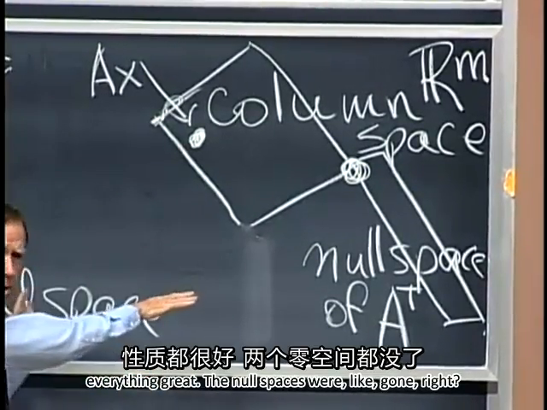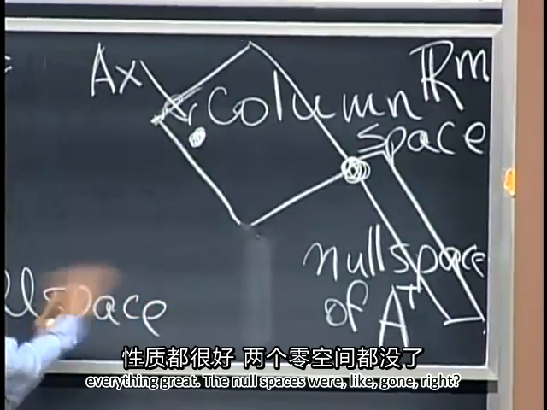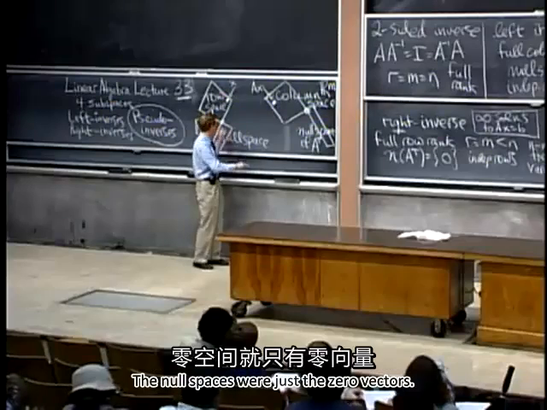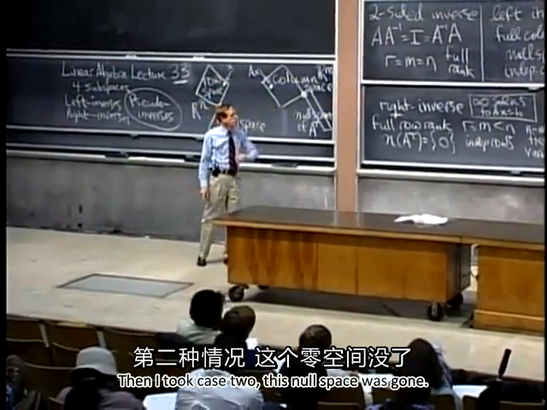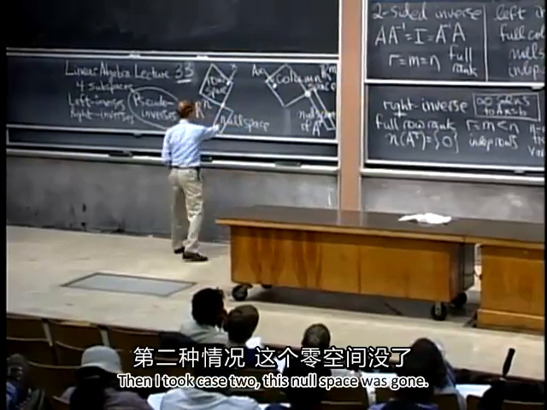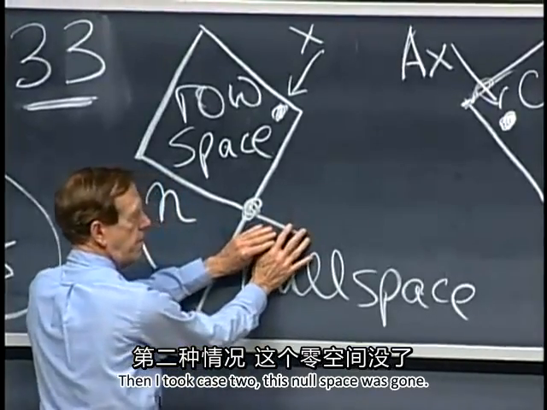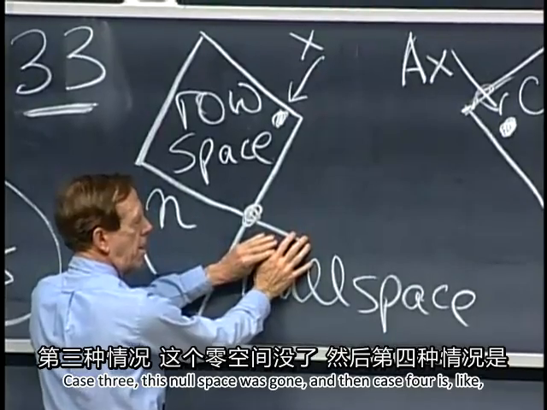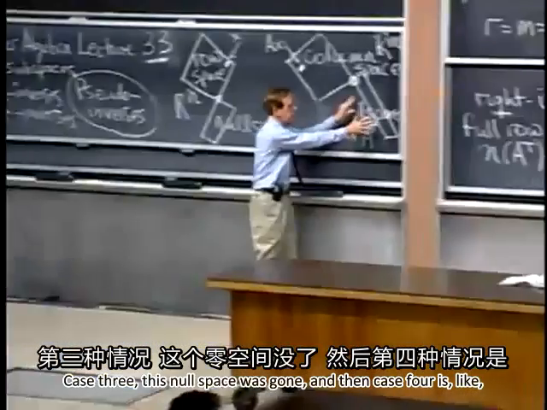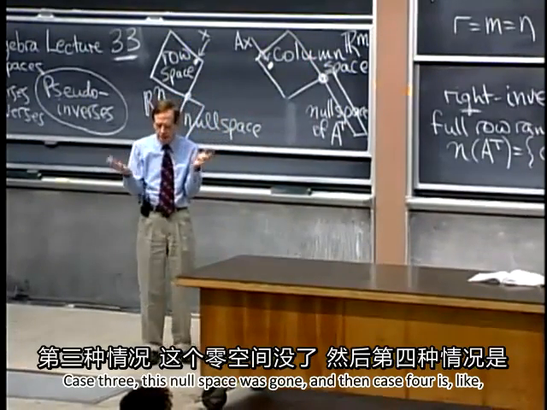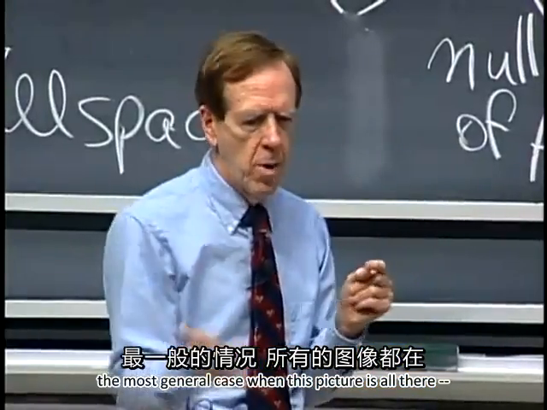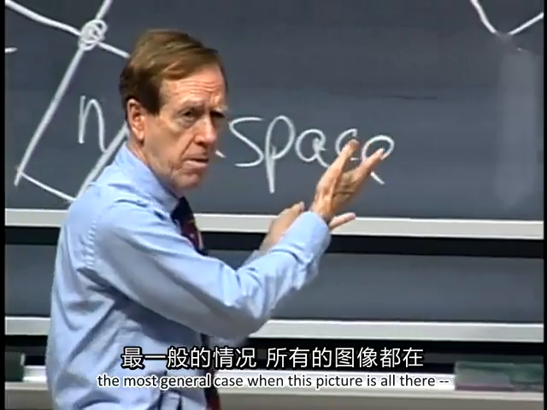The null spaces were gone, right? The null spaces were just the zero vectors. Then I took case 2. This null space was gone. Case 3, this null space was gone. And then case 4 is the most general case, when this picture is all there.